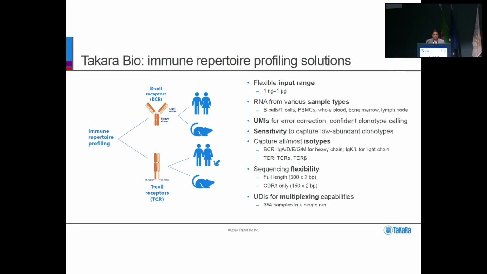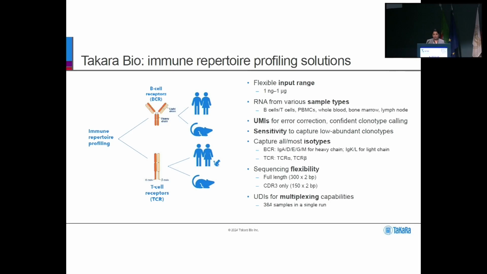And in immune repertoire profiling, we provide solutions for both B cell receptor repertoire and T cell receptor repertoire, which are compatible with both human and mouse RNA samples. Some of the kits are also compatible with rhesus RNA samples.